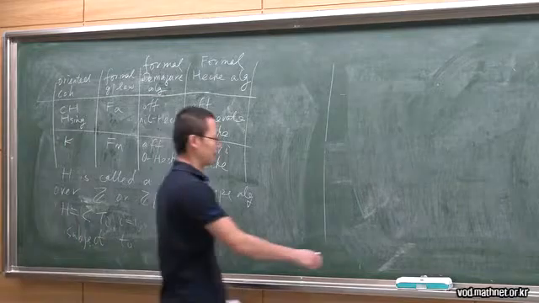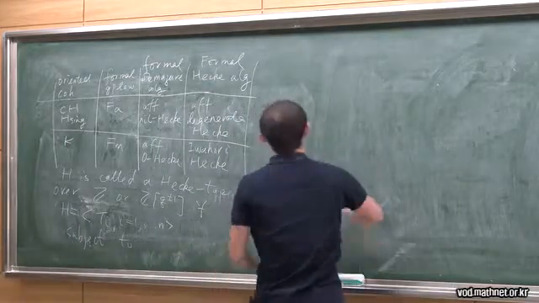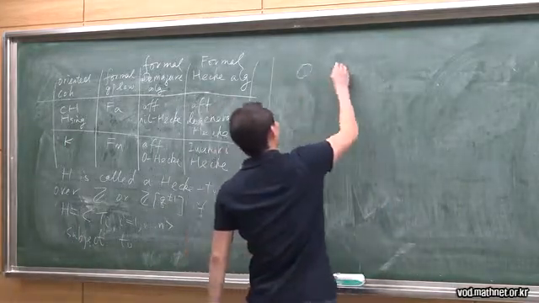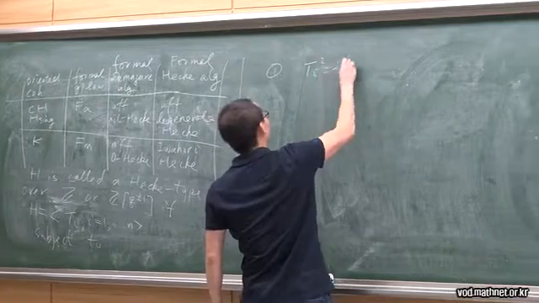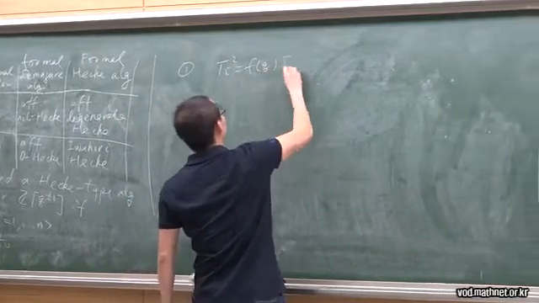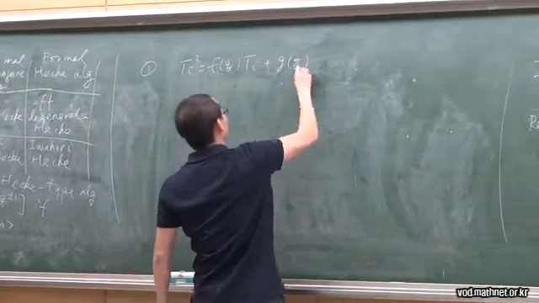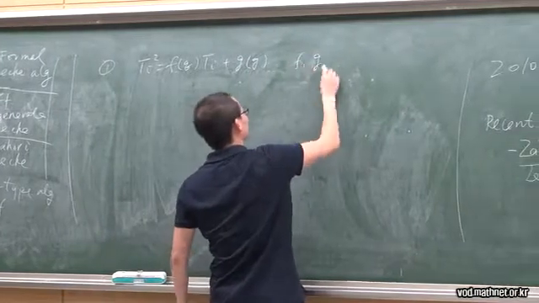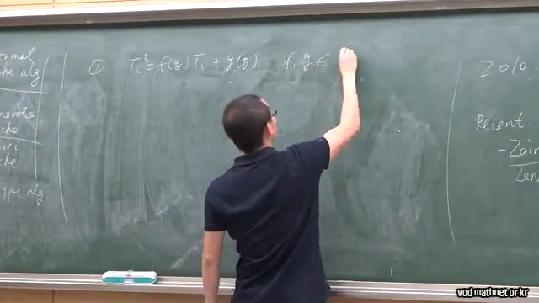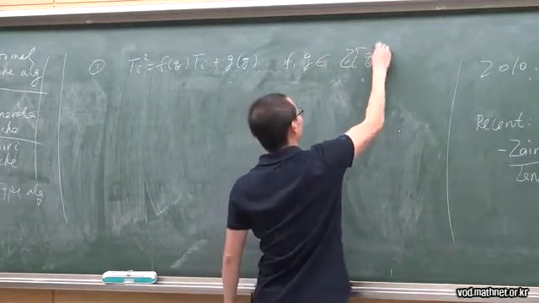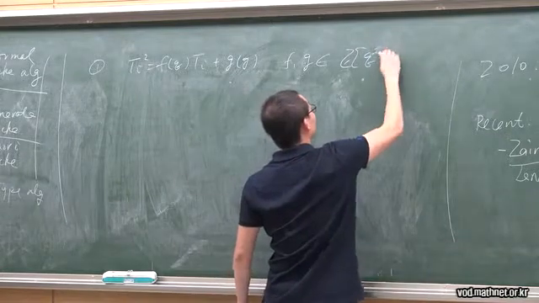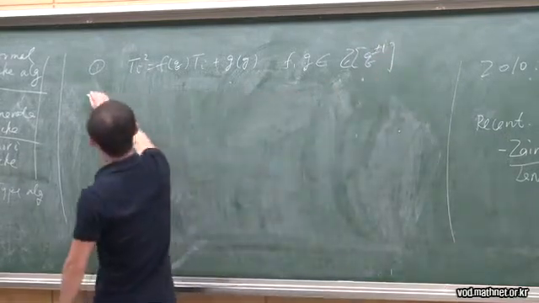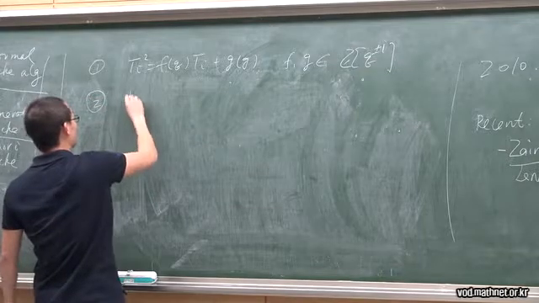And the relations are usually the following ones. First one is that Ti squared equals f(q) Ti plus g(q). Here f, g are two polynomials inside the coefficient ring. And the second type is the braid relation.